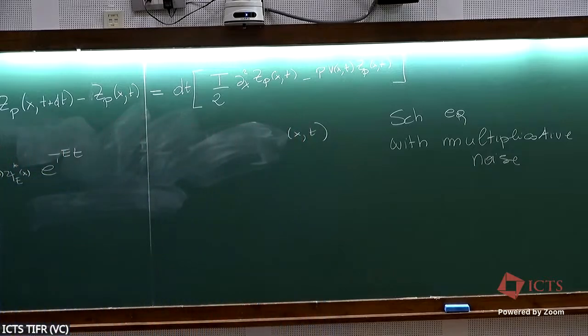but the replica trick that I will introduce tomorrow allows us to take the average. So we can compute the moments of the partition function, essentially. The replica trick is nothing but the moments. So I will take the average of Z, I will take the average of Z square.